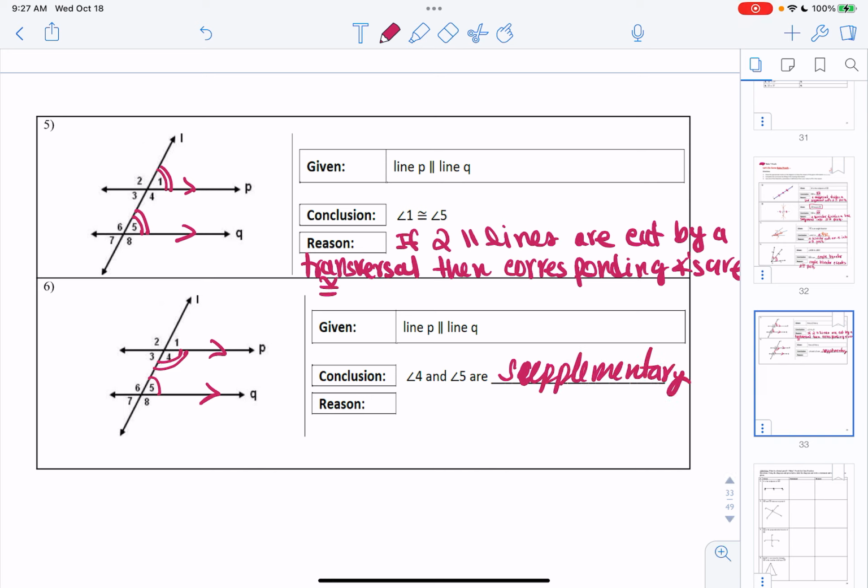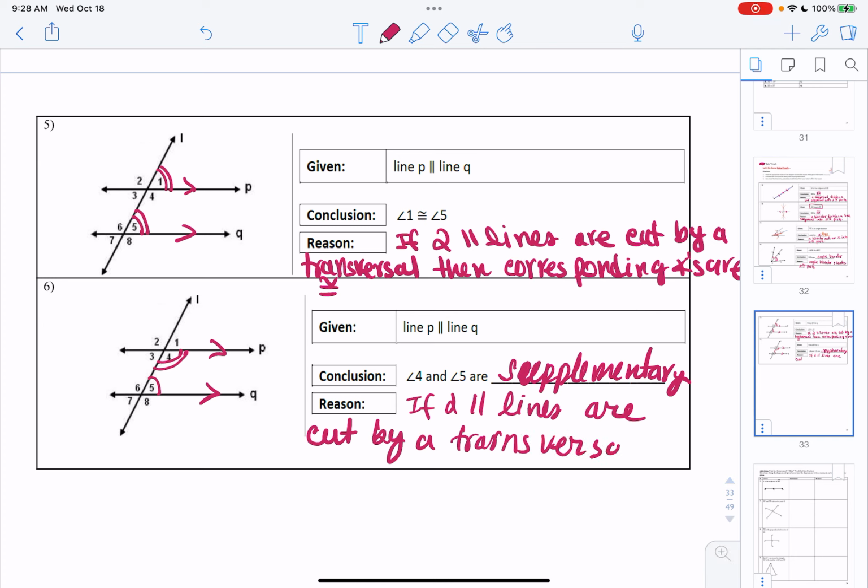So then we can say if two parallel lines are cut by a transversal, then the same side interior angles are supplementary.